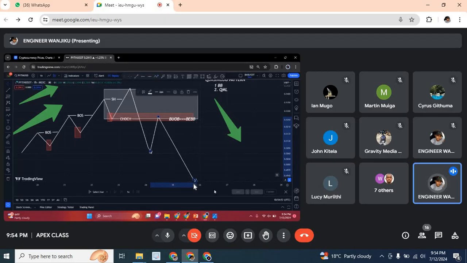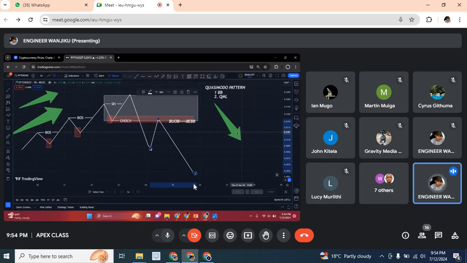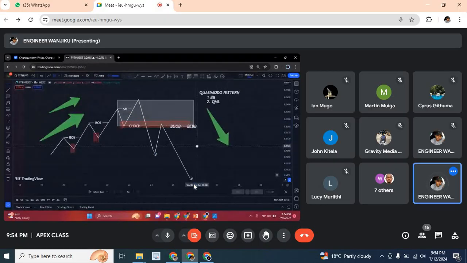The second way you can trade the QML is actually the best way to trade the QML. The zone of the QML, the Quasimodo level. So how do we get the Quasimodo level? On this leg, any price above the change of character going up here is what we call a Quasimodo level.